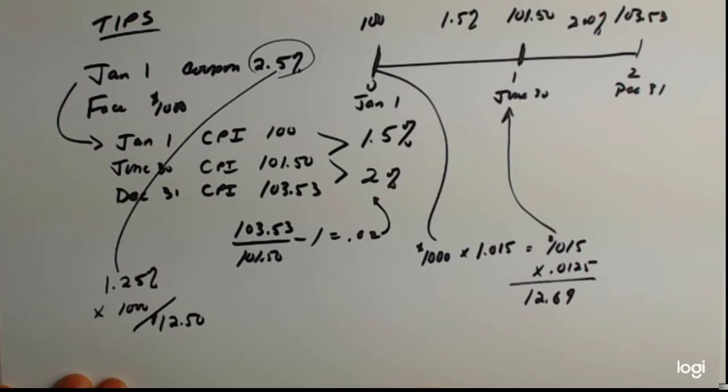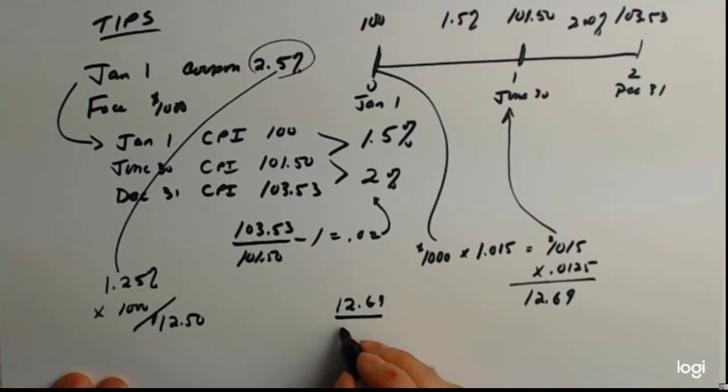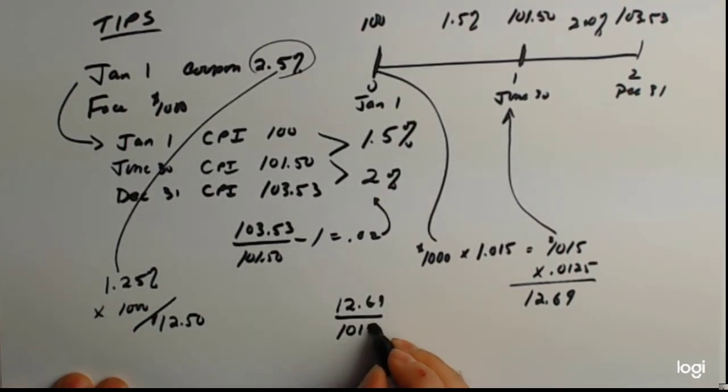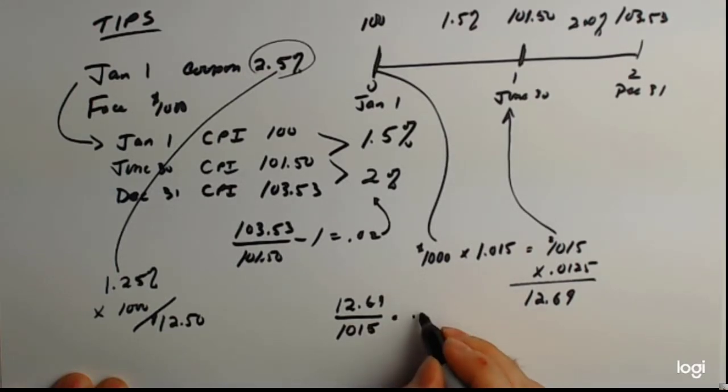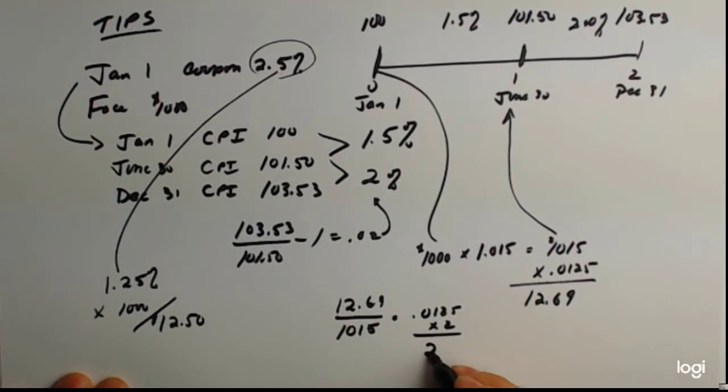The next question says, what is the annualized real rate of return for the first 6-month period? We have to assume that there's no change in interest rates at all. So we take this 12.69, divide it by 1,015, and that comes out to 0.0125, times 2 because we want to put it on an annual basis.